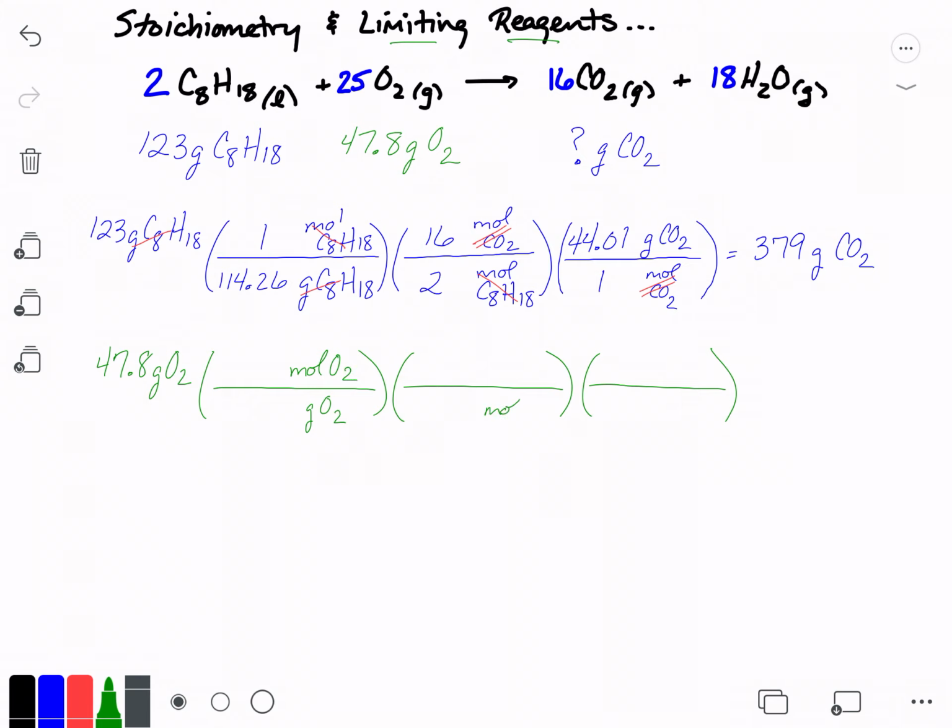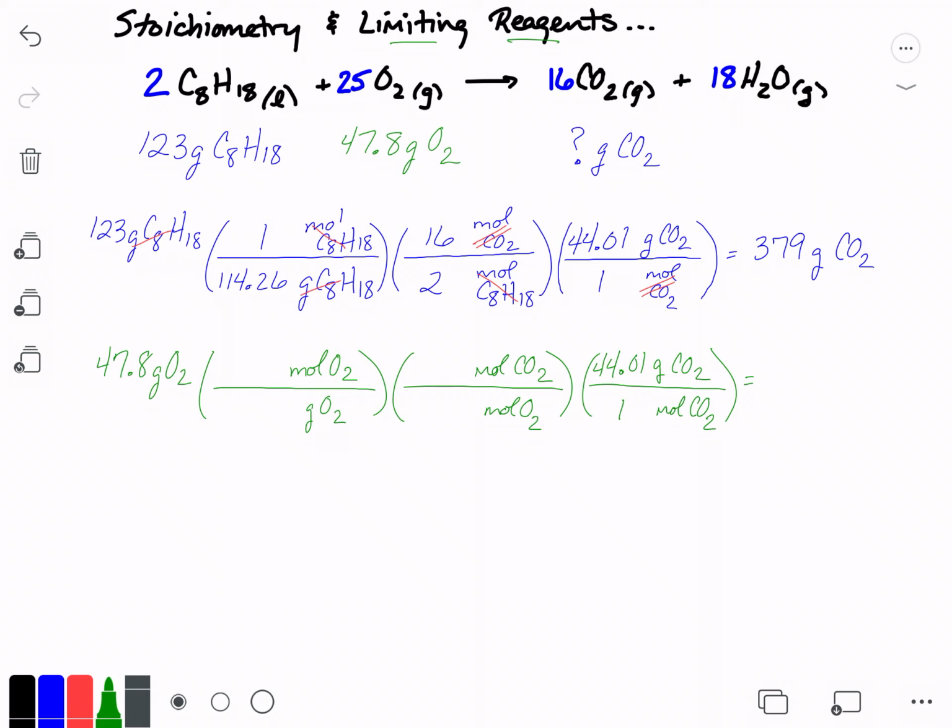I'll convert moles of that starting material to moles of the material I'm asking about in step 2 using the balanced reaction. And then I will convert moles of that material to whatever unit it is that I want at the end. So you'll notice this third bracket is exactly the same as the bracket up above, grams of CO2 per mole. What'll change here, of course, are the first 2.